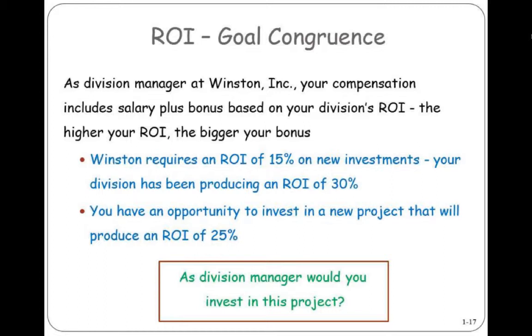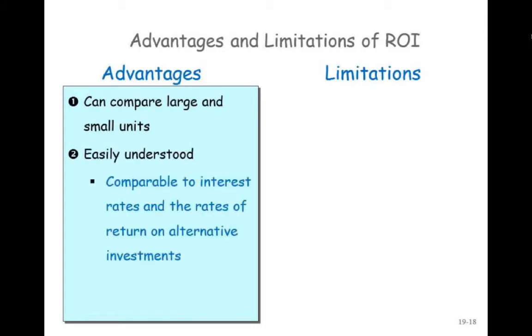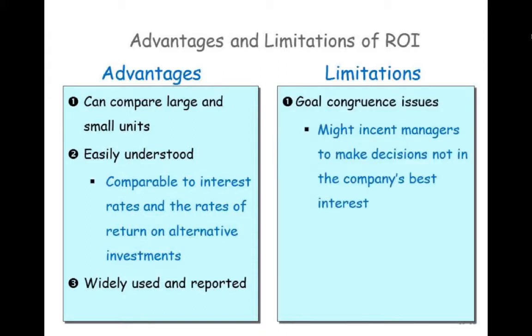So the advantages of ROI: because it's a percent, you can compare large units and small units. It's all just percentage based. It's easy to understand. We all work in percentages pretty well. And it's widely used and therefore comfortable. We just talked about goal incongruence issues.